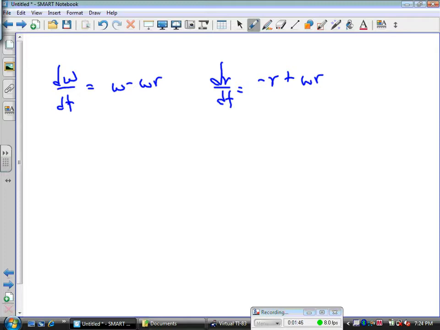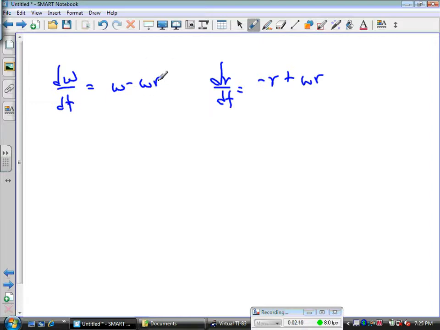All right, let's do this. What happens to the worm population if there's no robins? What if R is 0? Then this term that is proportional to how many times they interact, how many times a robin sees a worm, that kind of thing. The more worms there are, the more robins there are, the bigger this number is.